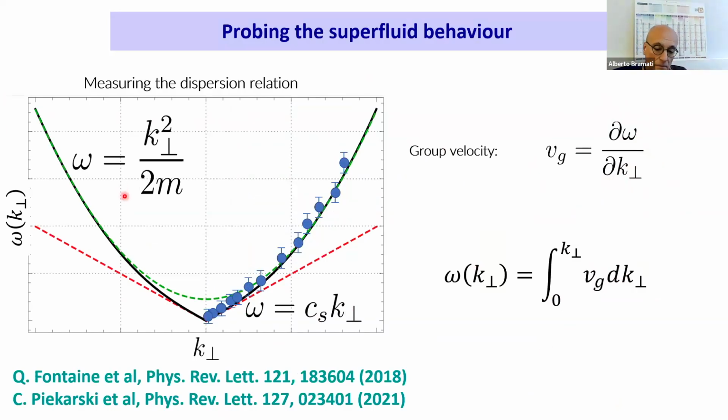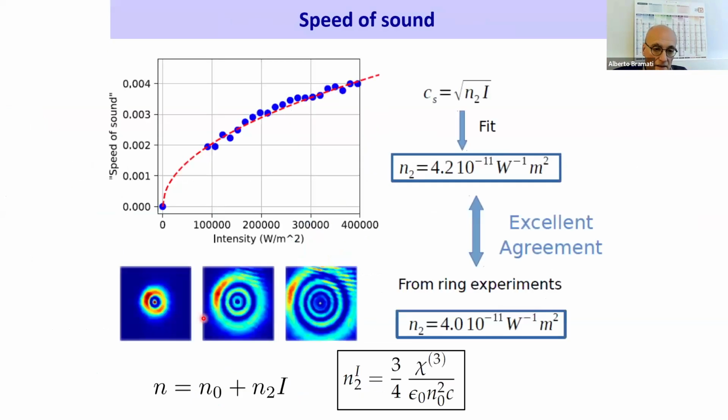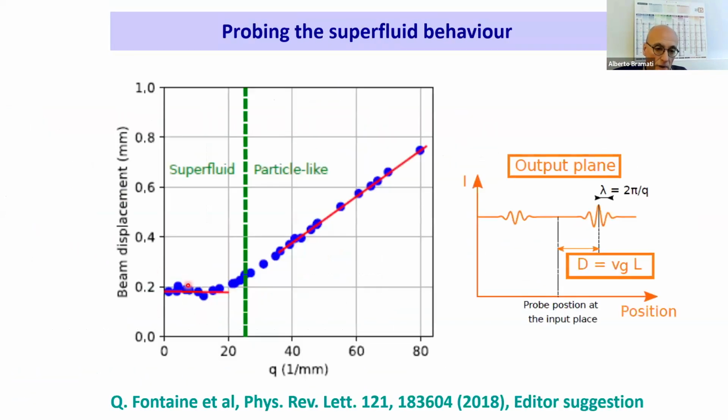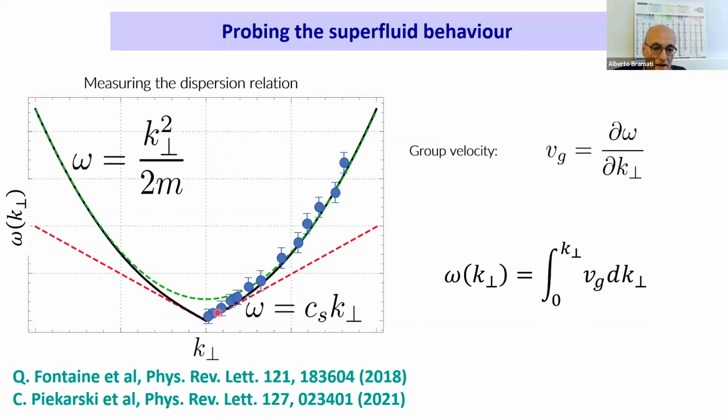And of course, when the displacement is constant, we obtain by integrating a linear behavior, and then when it's linear, we obtain by integration this parabolic behavior. So we have demonstrated here that we have indeed, also in this case, collective behavior that is typical of a superfluid.